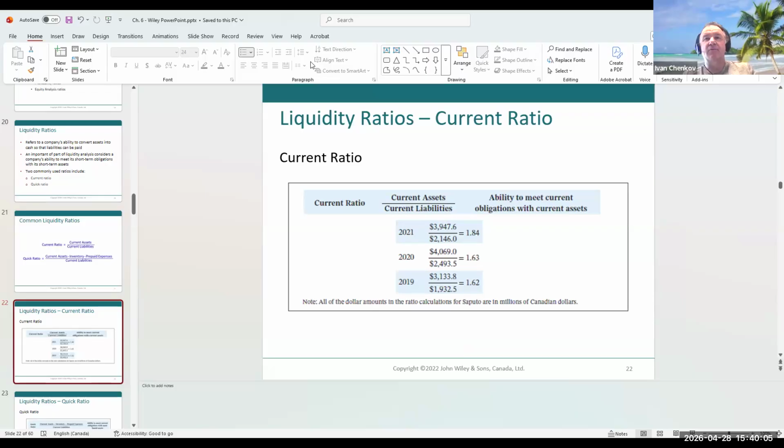So anything above 1 is going to show us that the current assets are more than the current liability. So the further we are from 1, the better for the company, correct?